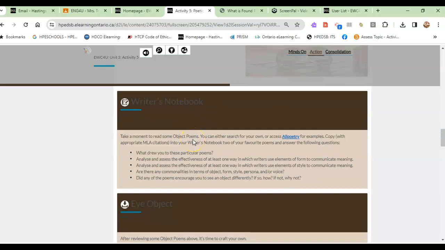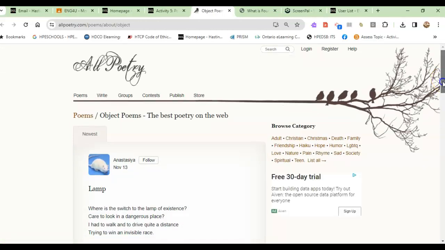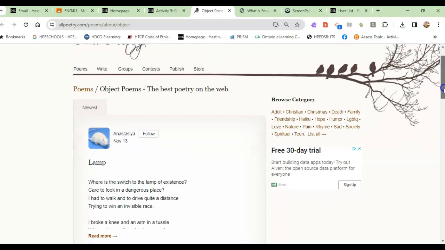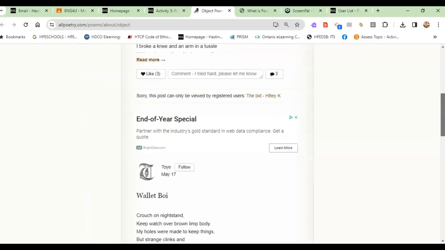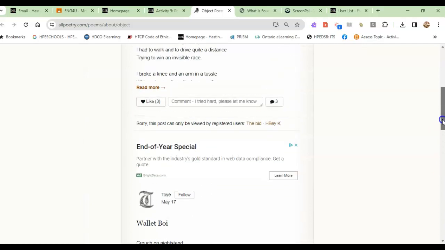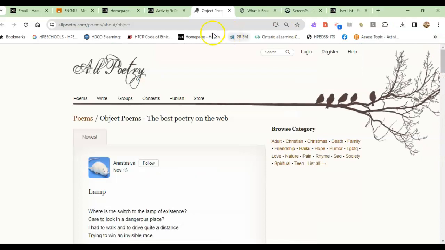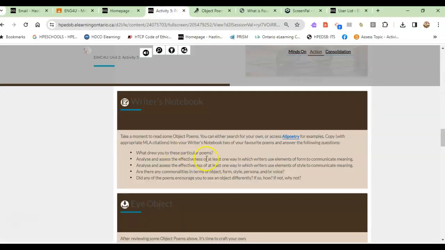So when we're looking at object poems, there's another website right here that shows you object poetry. And so these are a number of different poems all about objects. So a bathtub, a wallet, a lamp. And you can read through here and get some of these ideas.